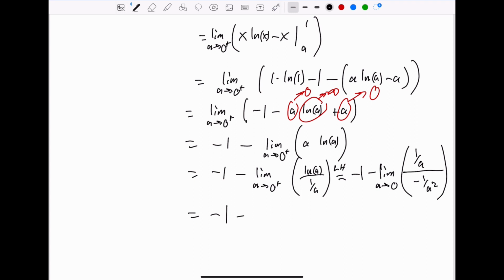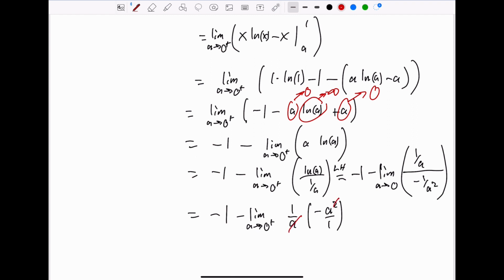So I still have the negative 1 out front minus the limit as a goes to 0 from the right. 1 over a, that was the numerator. I'm going to multiply now by the reciprocal of the denominator. That's how to do fraction division. So times negative a squared divided by 1. There's the reciprocal of the denominator. All right.